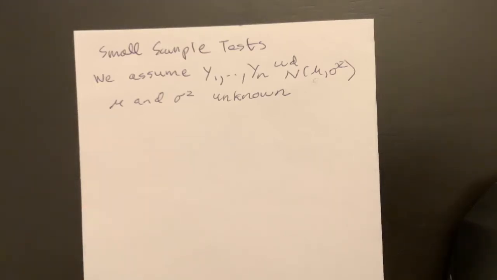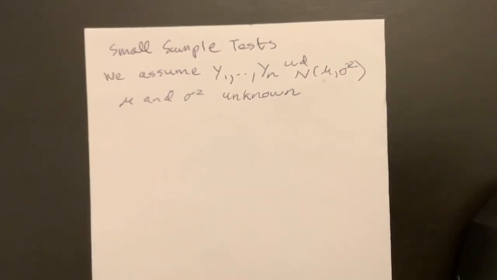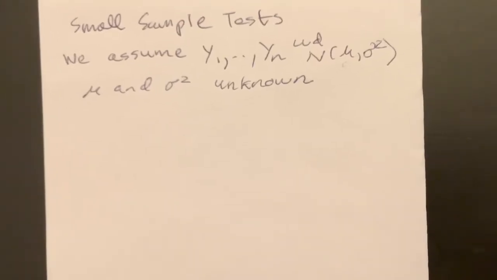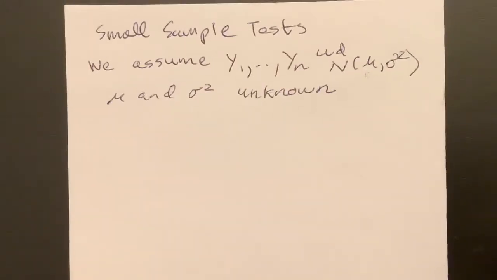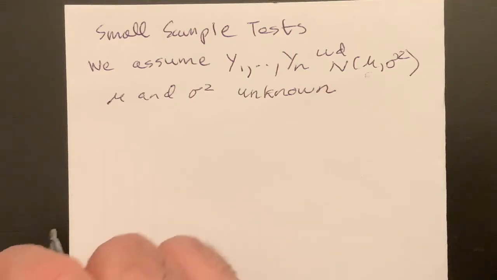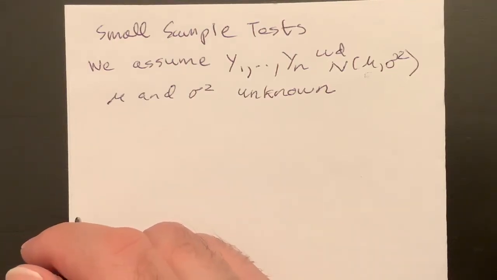We might want to make a test about mu or about sigma squared. So suppose we want to make a test about mu, for example. We might want to consider, is mu big enough?